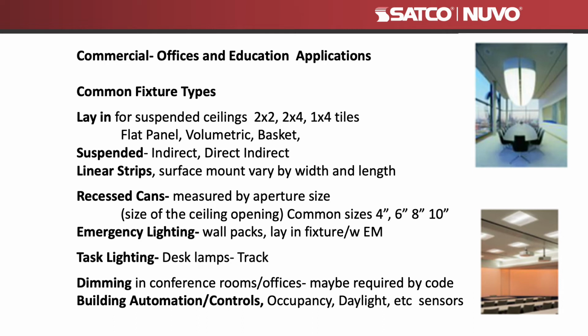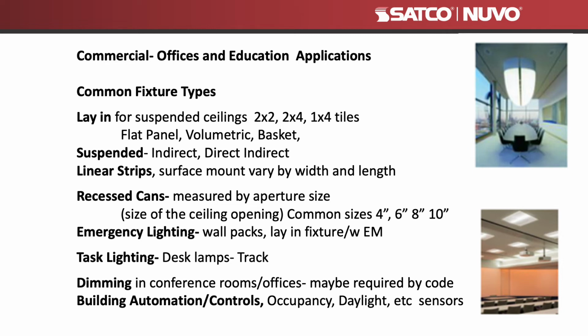Any place that you want to separate the open office with maybe a different space. Emergency lighting, absolutely required for most spaces, and they can be integrated into the fixture or separate wall packs. Task lighting is to provide additional light to either highlight a space or because you need more light for that task.